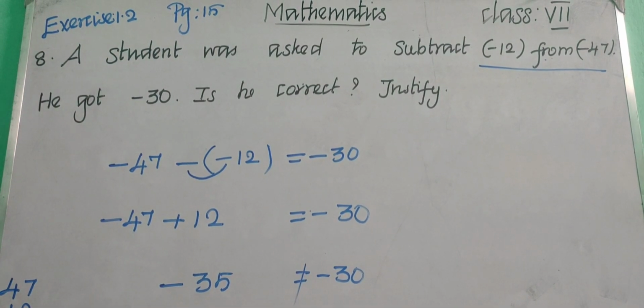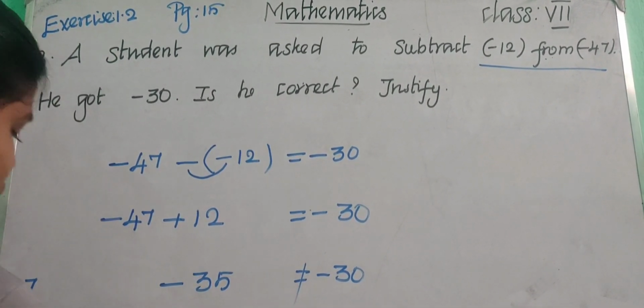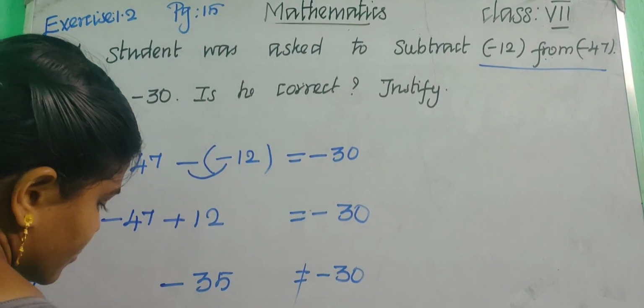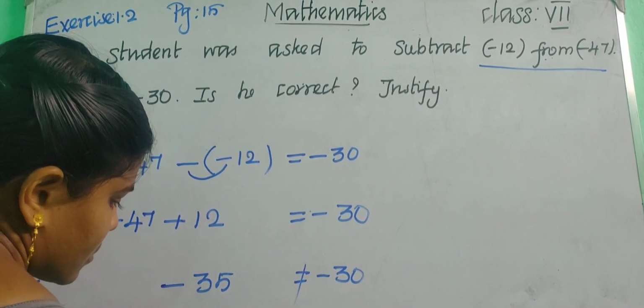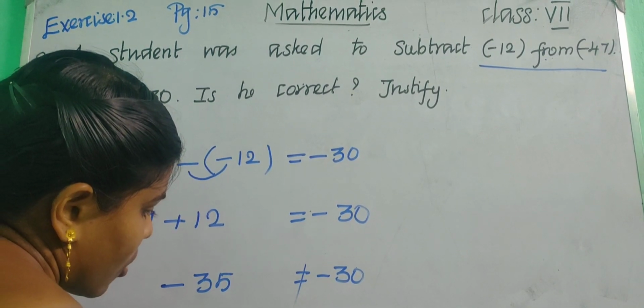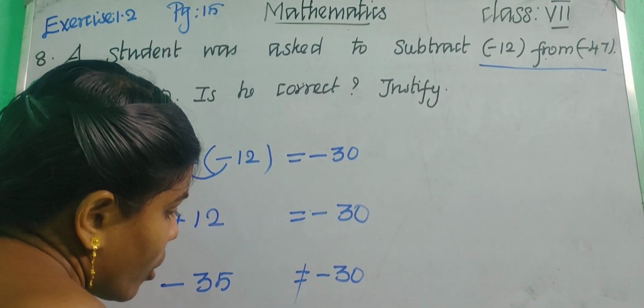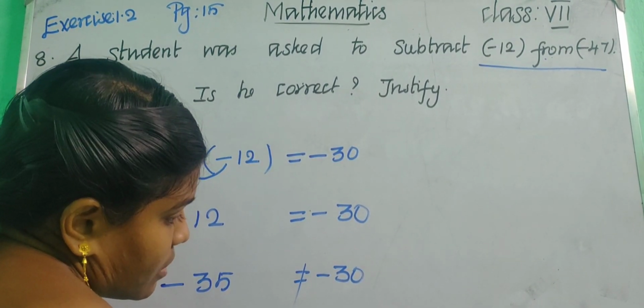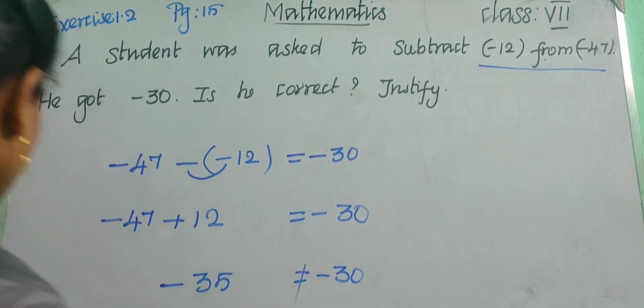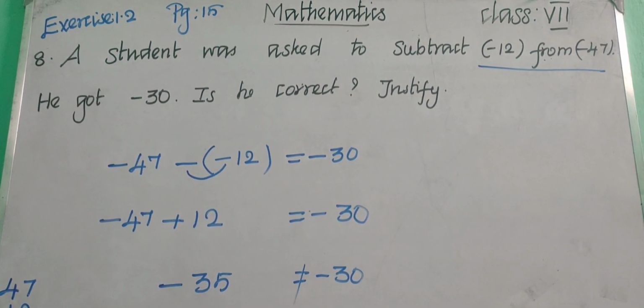Okay children, so the student got the wrong answer. You need to write that. Therefore the student got wrong answer. Okay children, so copy it in your notebook. If you didn't complete it, just pause the video and do. Okay children.